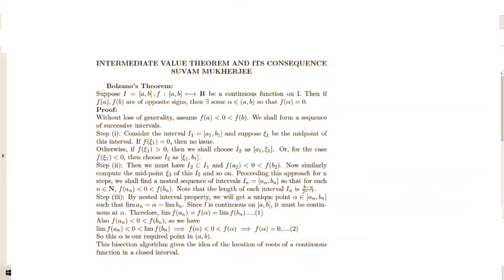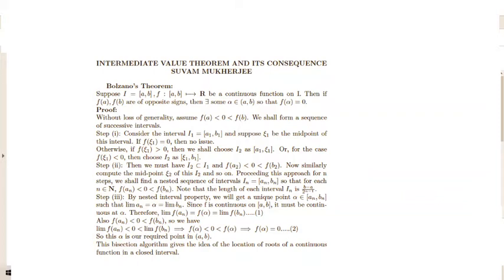Now if we similarly compute the midpoint xi2 of the interval I2 and so on, then after a certain stage we will find a nested sequence of intervals In, that means the intervals [an, bn], where n varies over the natural numbers, and clearly the functional value at the left extremum, f(an), will be negative, and at the right extremum f(bn) will be positive according to our assumption.